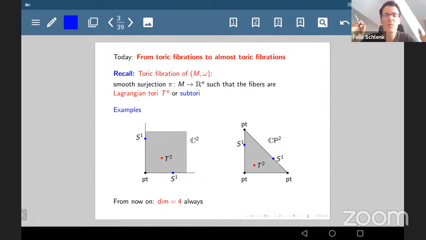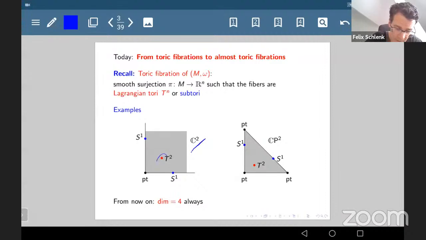If you have only Tn's, then it's boring. Then it's just some open set in Rn cross Tn, or maybe not exactly cross, maybe with some monodromy. But this degeneration locus makes, of course, all the topology, as Joey has already illustrated, and the examples you must have in mind are Cn and CPn, or to have the picture, C2 and CP2.